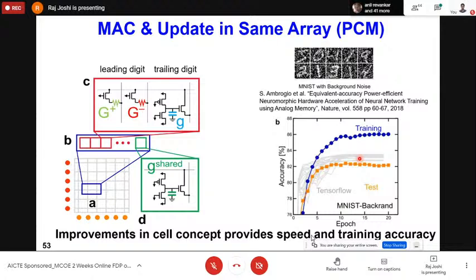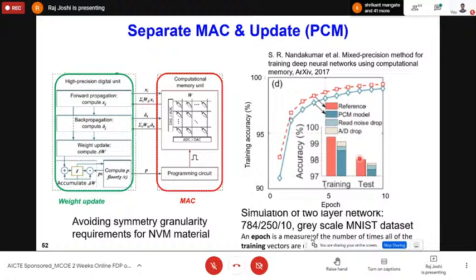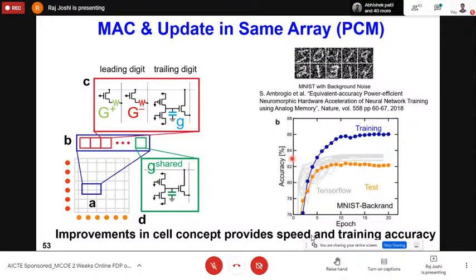So the MAC, again, the multiply accumulate. Now, if you do that in the same memory, okay, in the previous case, I showed you that the memories and the MAC multiply accumulate units were separate. Now, in the same array, what happens?